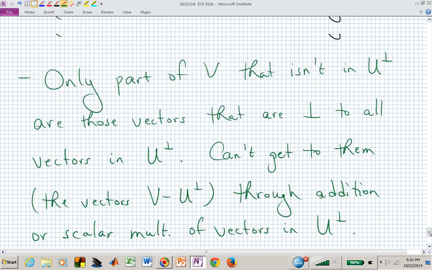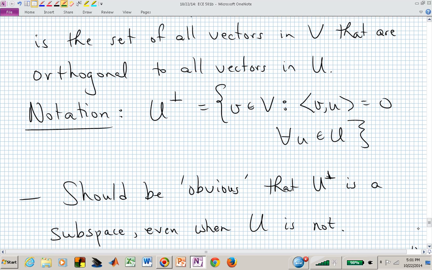And remember how we defined U perp. We needed vectors V in our vector space to be orthogonal, or have an inner product that's equal to 0. And what's a V that will allow that to happen?